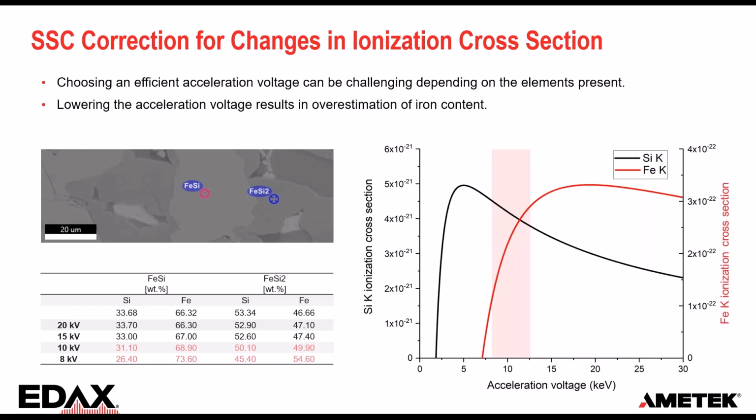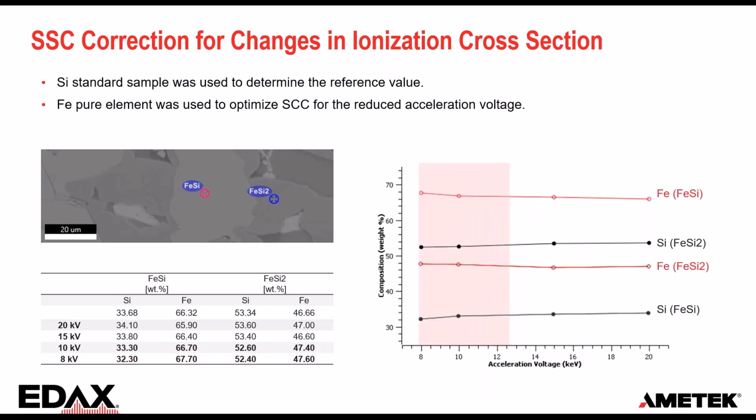So if we still would like to perform a quantification, we have to account for the change in ionization cross-section for iron. And that is what we do. So we measure a single element reference. Here, for this example, I used silicon as a single element reference to account, as described before, for the solid angle and beam dose. And then I measure pure iron at the lower kV, so here at 10 and 8, to account for the change in ionization cross-section empirically. And I will save this correction value along with my reference measurement.